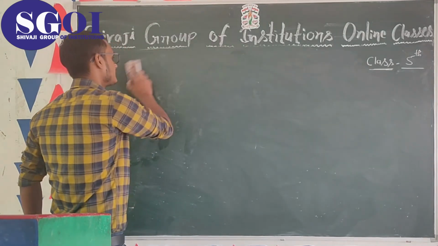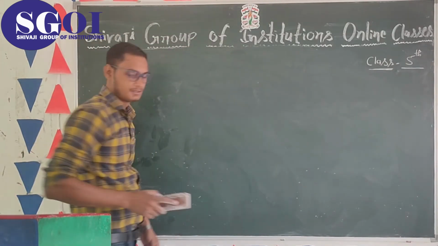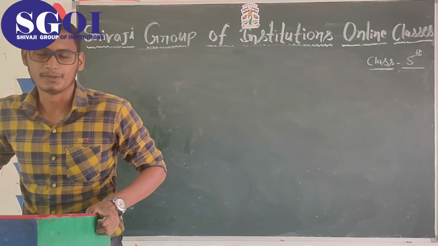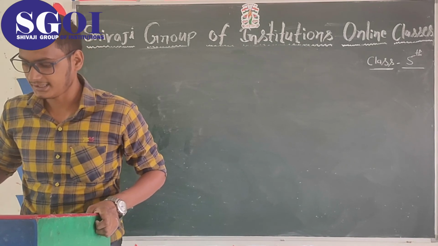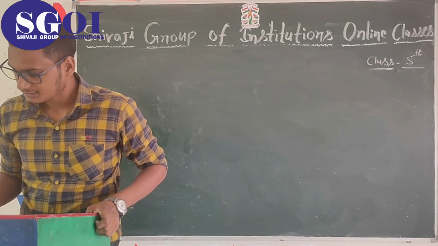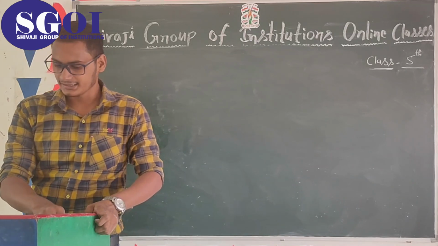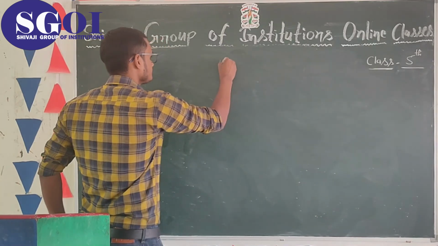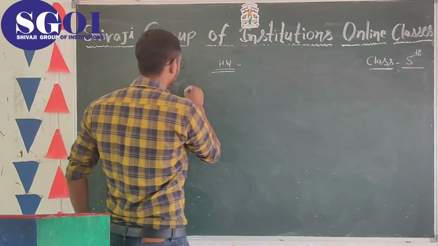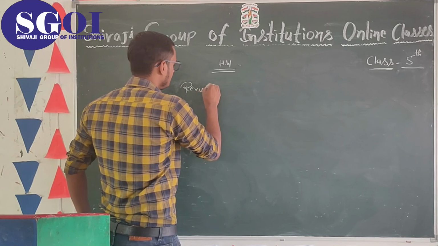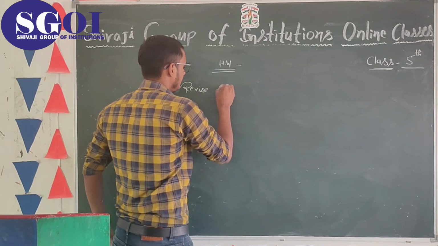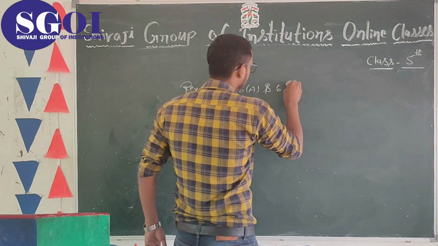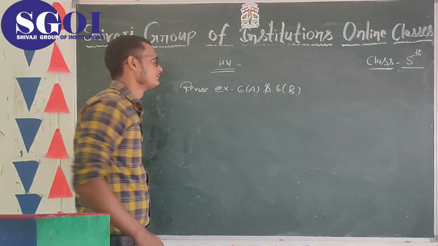Students, this is enough for today. It's your homework to revise all the properties from 1 to 10, and revise exercise 6A and 6B.